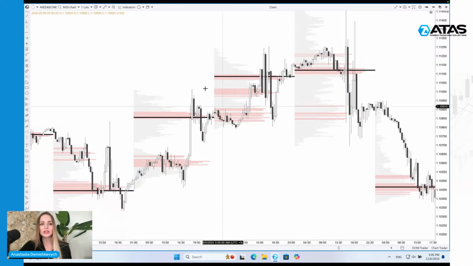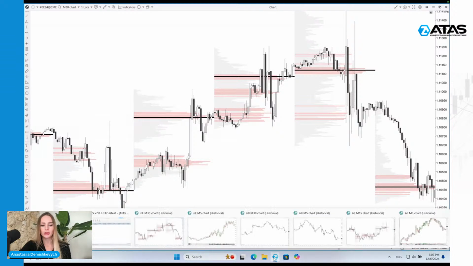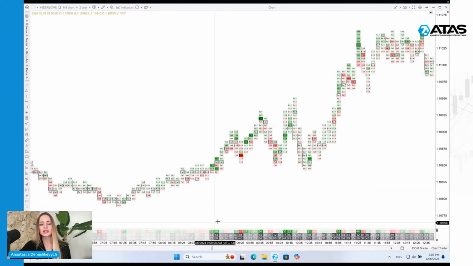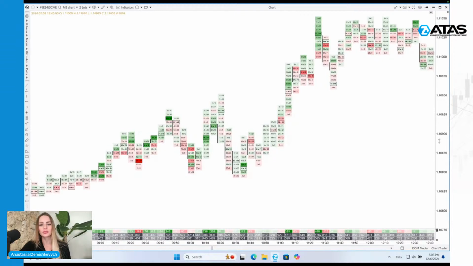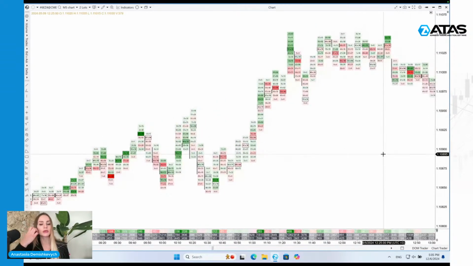A footprint, on the other hand, and I'm going to show you, I especially simplified my indicators and everything to make it easier for today's webinar. Essentially, the footprint is like an X-ray for the market. It's a detailed distribution of asks and bids and the total volume within each and every candle.